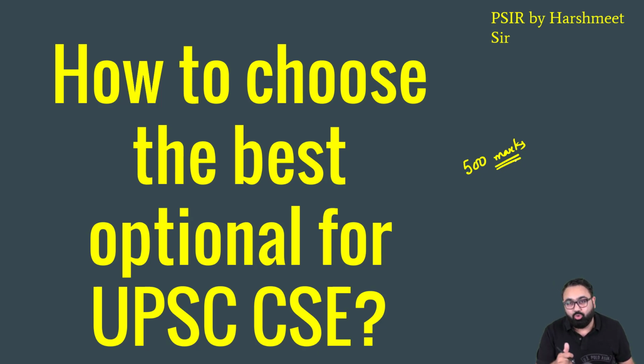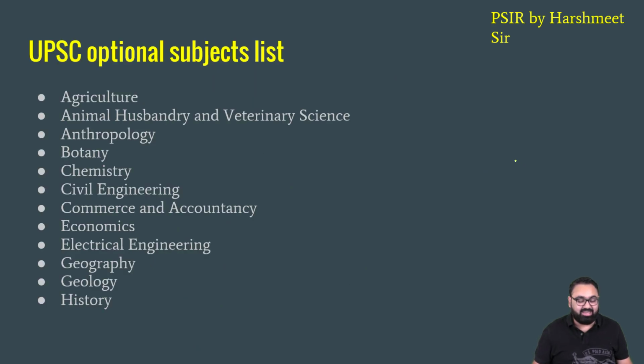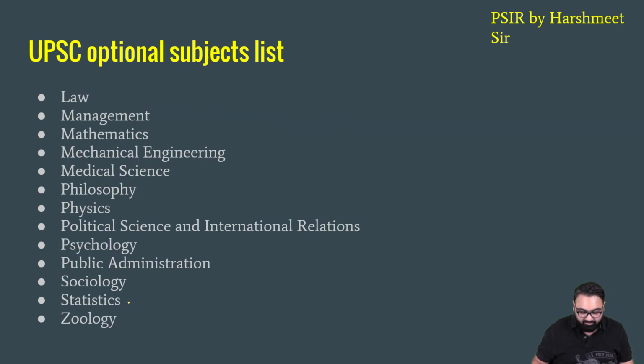Now, when you fill up the UPSC form, over there, the UPSC will ask you, which optional would you like to have? Now, there's a long list of it, and just in case you do not know what your options available are, let me give you the options. So UPSC will ask you to choose from all of these: agriculture, animal husbandry, veterinary sciences, anthropology, botany, chemistry, and then there are some engineering subjects as well: economics, commerce, geography, geology, history.